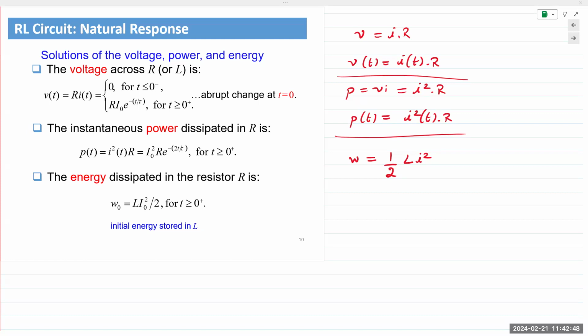Make sense? All right, any questions? Any questions on the equations?